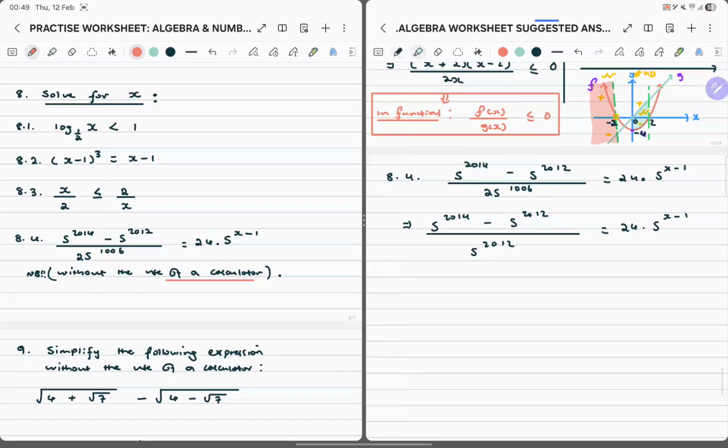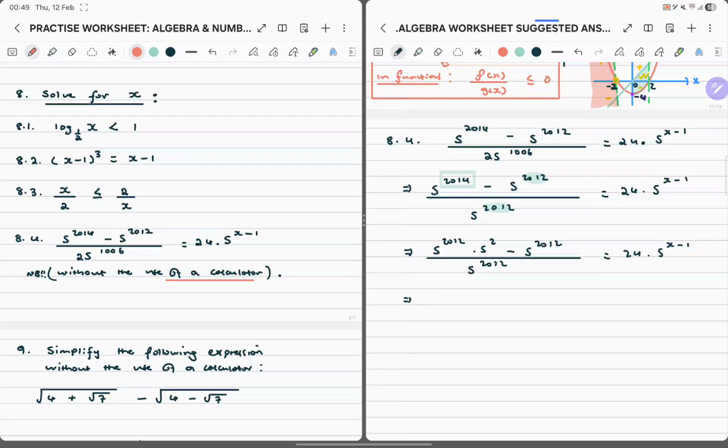Nice. Now we can see that this is coming up nicely. So this means we need to do something about the numerator. But the key is that we want 2012 so that we can take out the highest common factor. So this is 5 to the 2012 times 5 squared, minus 5 to the 2012, all divided by 5 to the 2012, equals 24 times 5 to the x minus 1.